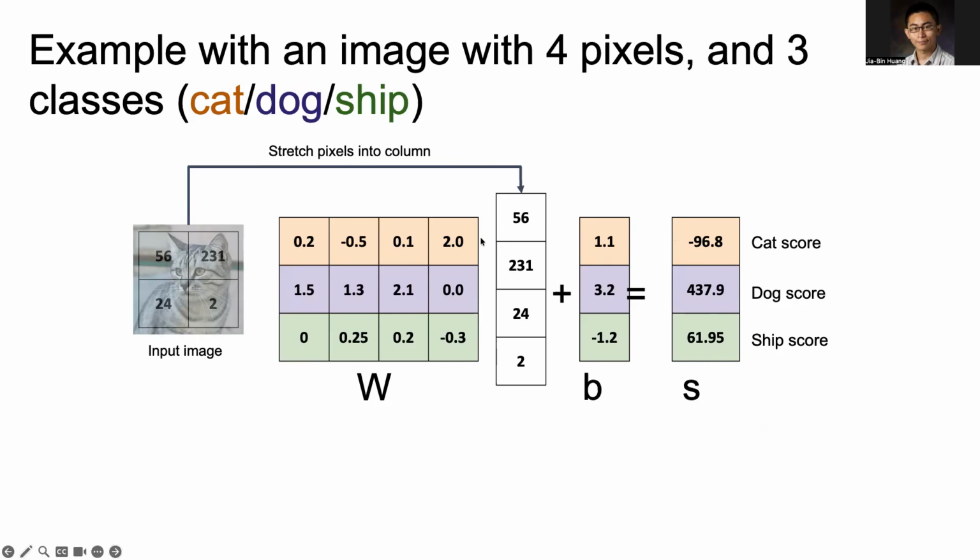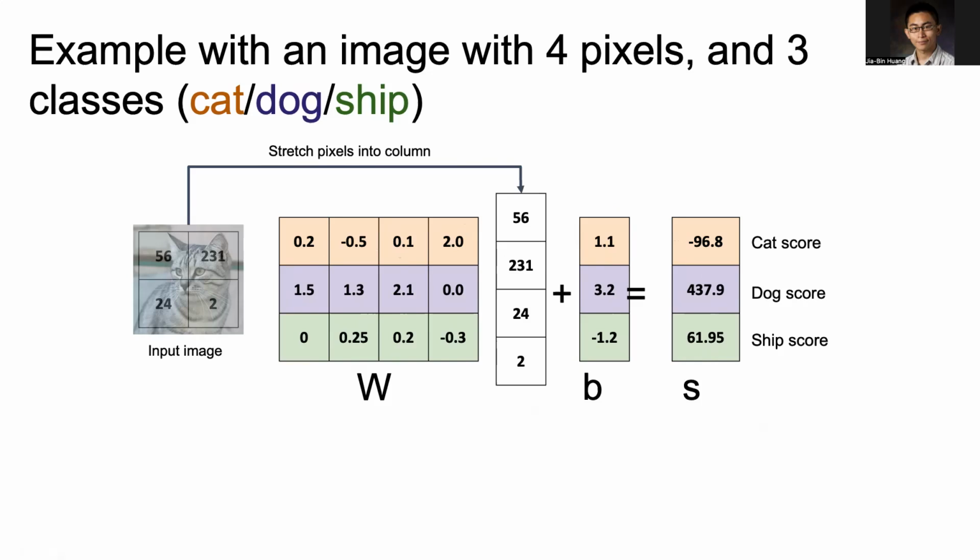Sometimes people write it this way, a linear transformation matrix times this vector, and then plus the bias. But it's annoying to write this in two terms, like Wx plus b.